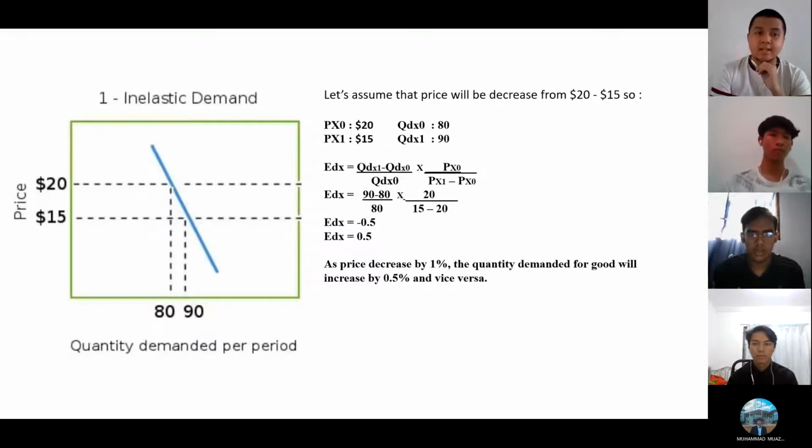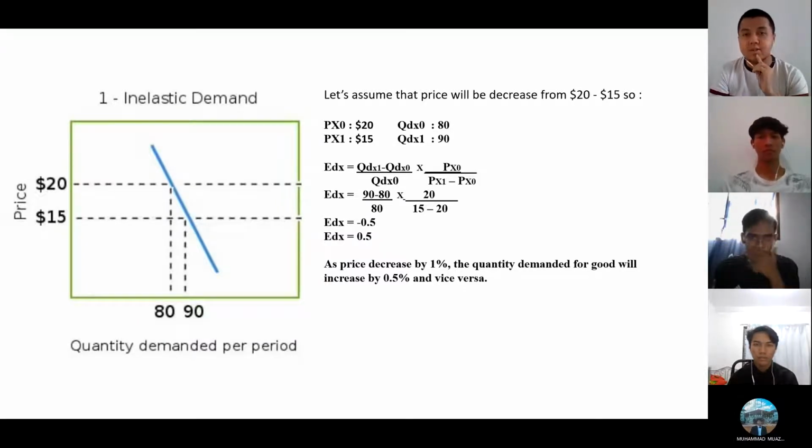Okay, first we calculate the price elasticity of demand for inelastic demand. Let's assume that the price decreased from $20 to $15. So our old price is $20 and our new price is $15, and our old quantity is 80 and our new quantity demanded is 19.